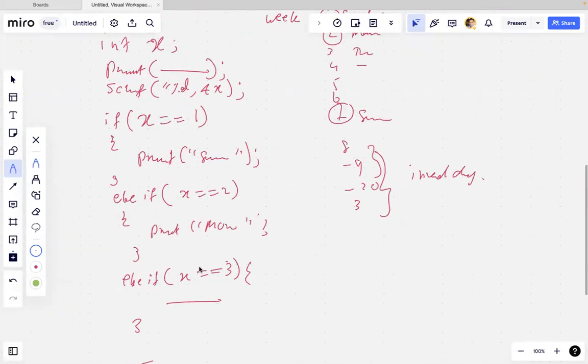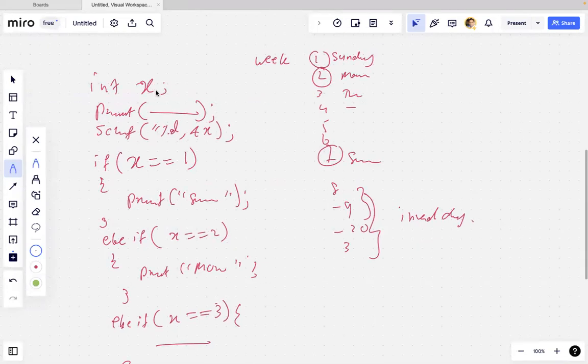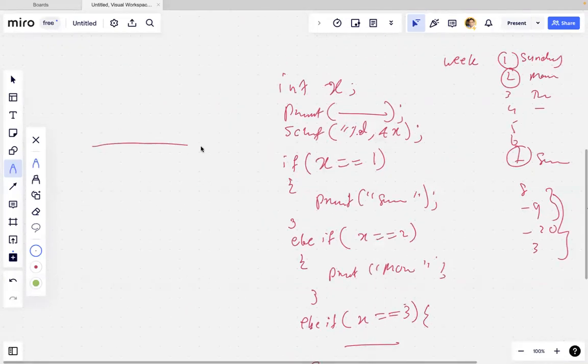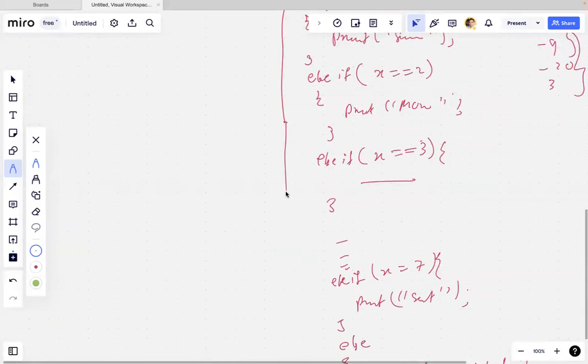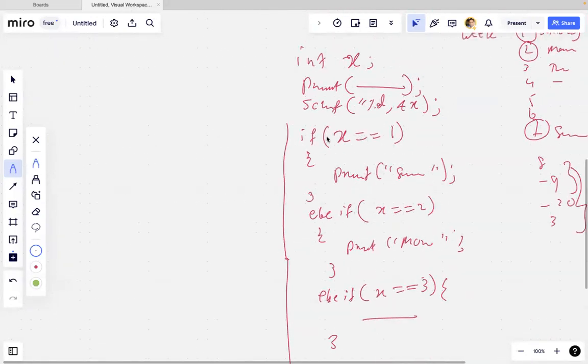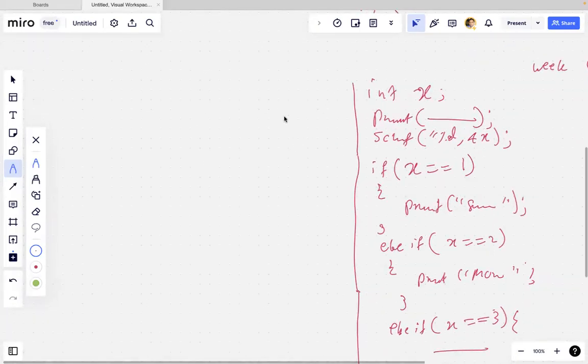So the same thing we can rewrite as a switch case statement. This is the if-else statement, and here I can write the switch case statement. Same like if-else, first you have to declare a variable, int x.